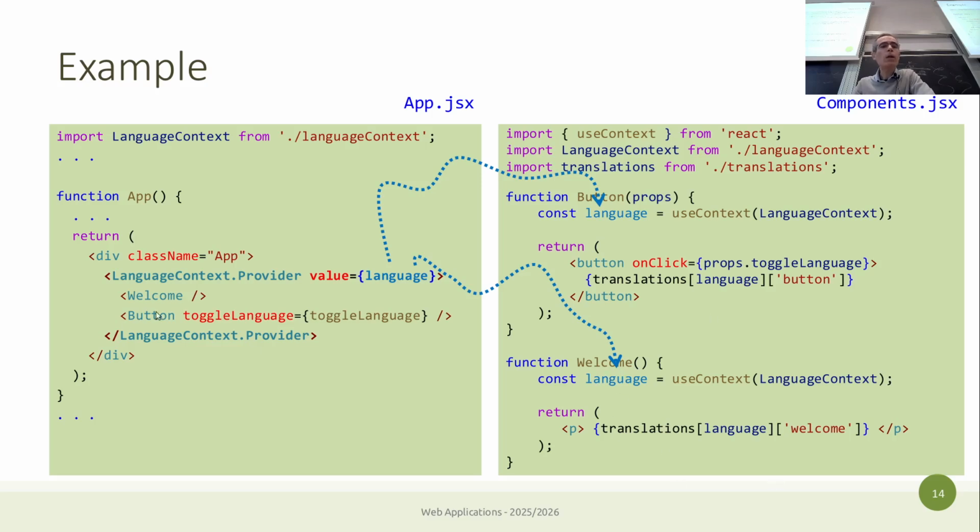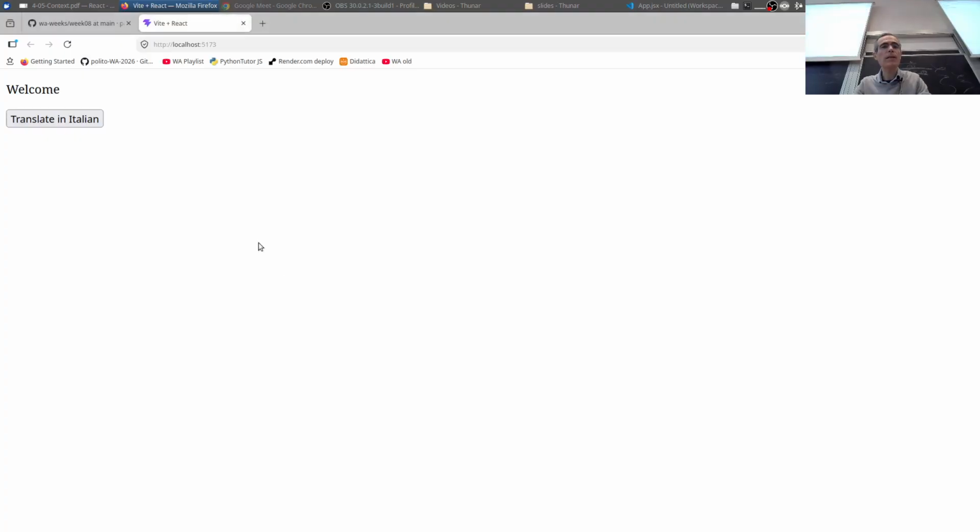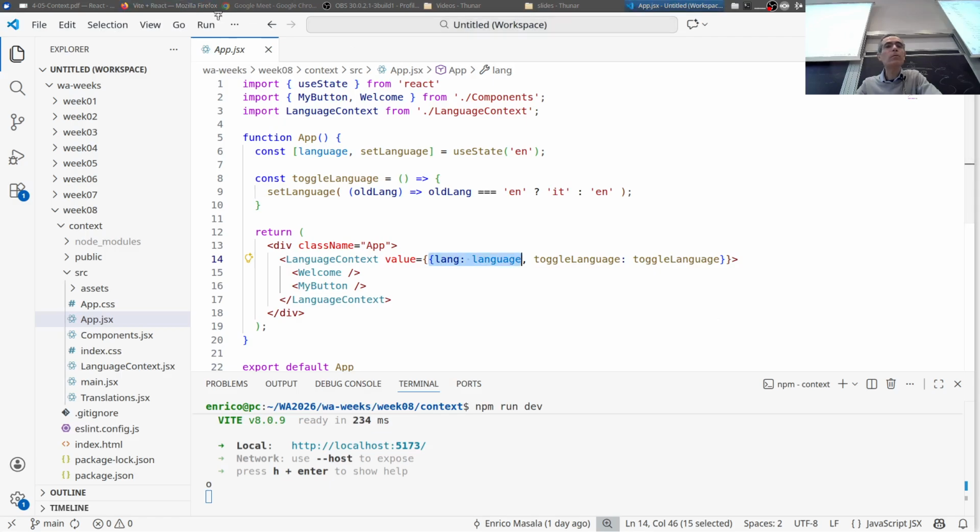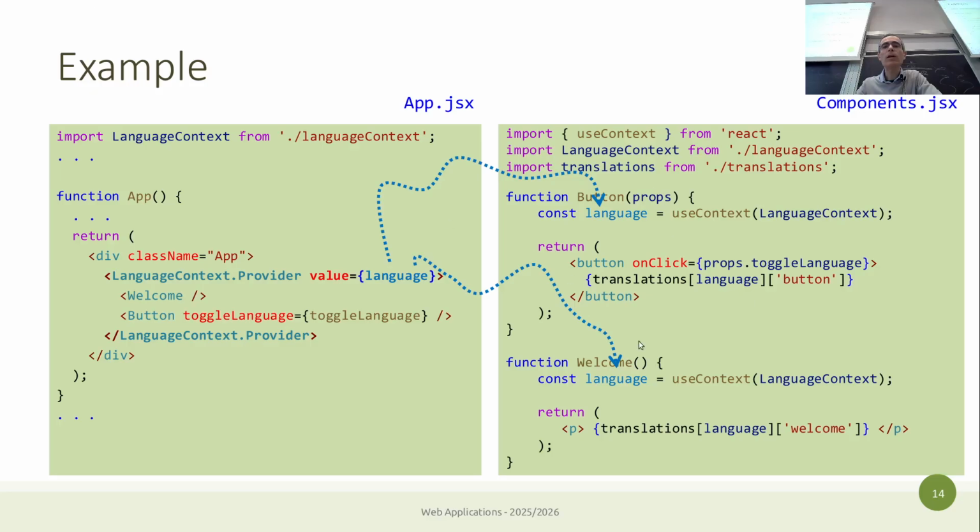That's the other component, Welcome, and you see language, and we use it to write a different string, as we saw in the example: Welcome or Benvenuti and so on. Note that here we don't even care about passing props. Here props is used to pass the toggle language function, just to have a different example than the one available through the code.